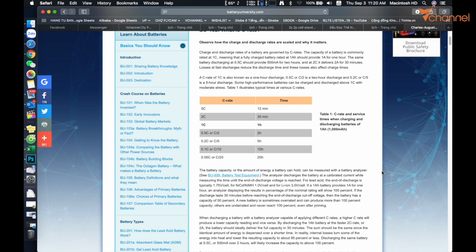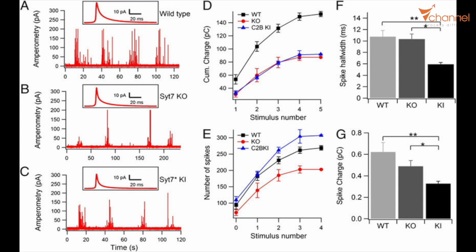Actually, with current technology, we don't need to charge with a regular charge current. Instead, the electric current changes during the charge period, because the first enemy of the battery is temperature. When the temperature is so high, it can damage the battery seriously.